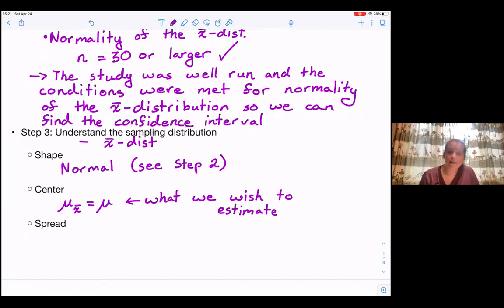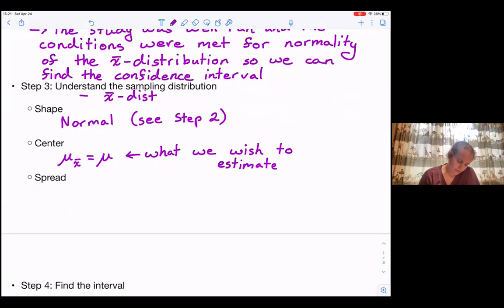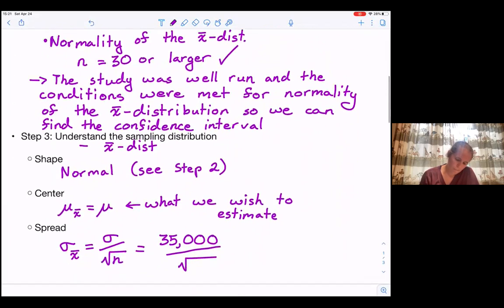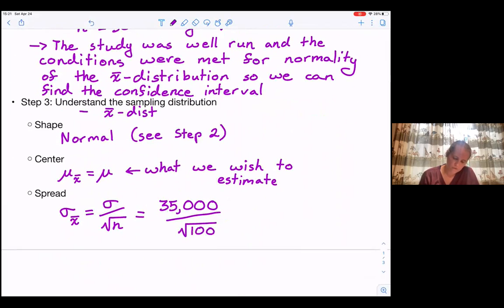And then the spread, sigma sub x bar, is simply equal to sigma divided by the square root of n. So in this case, our sigma was 35,000, and then we are dividing by the square root of 100. And so this winds up being 3,500.